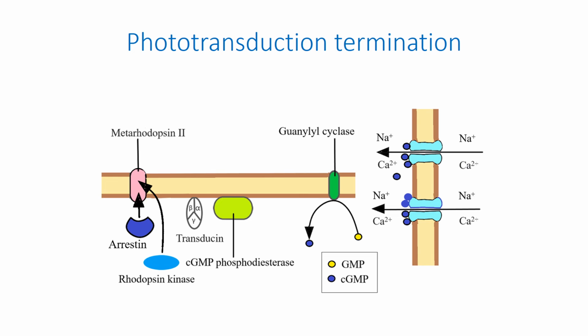Then arrestin completely deactivates the phosphorylated metarhodopsin II, capping its residual activity, followed by several intracellular enzymatic processes leading to inactivation of transducin and cGMP phosphodiesterase. Low level of intracellular calcium ions also activates guanylyl cyclase activity, which synthesizes cyclic GMP.